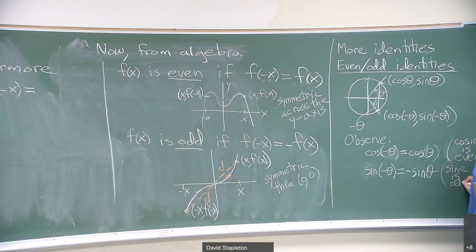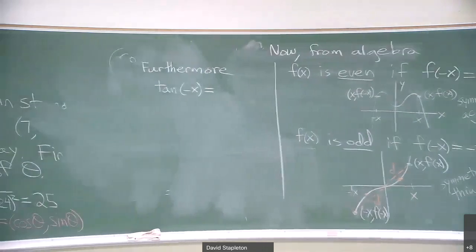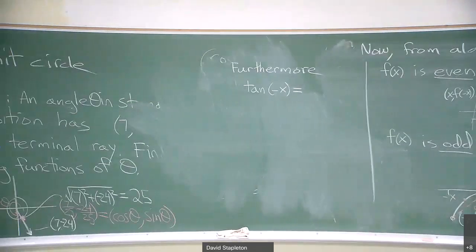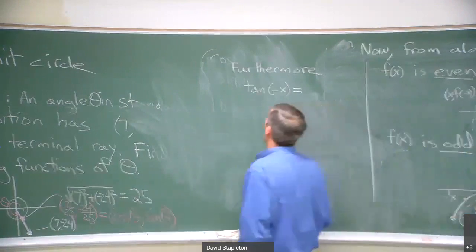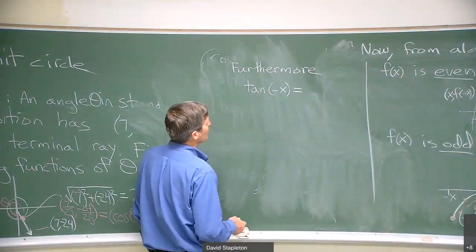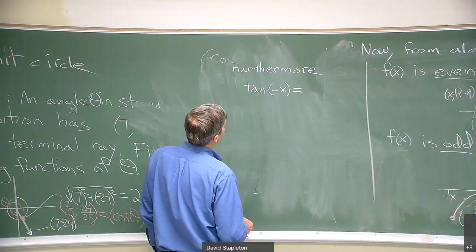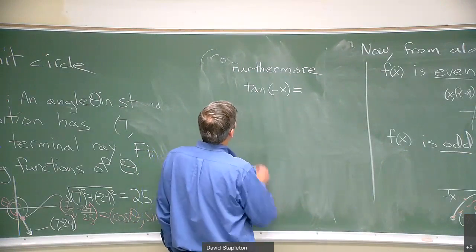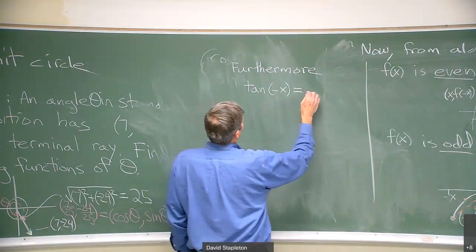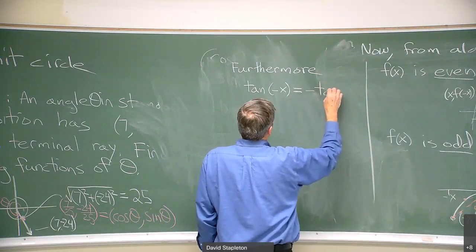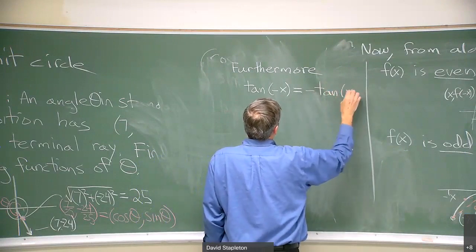I need to move that over, don't I? What about tangent? Here's where we start to use our identities we had before. Let's say first, tangent is actually odd. The minus comes out.